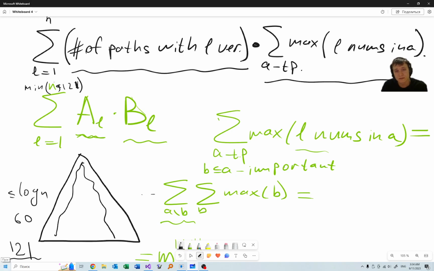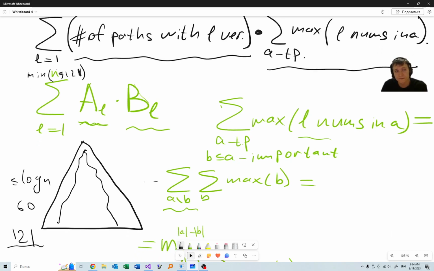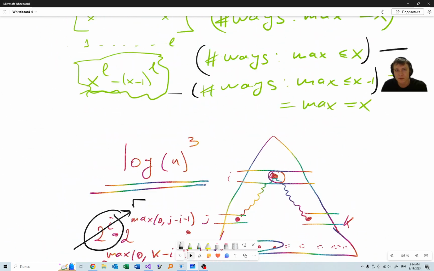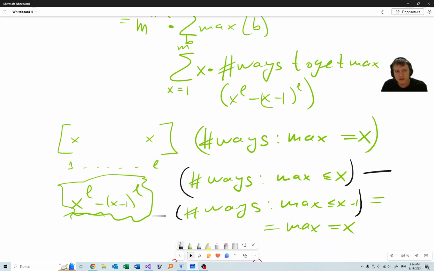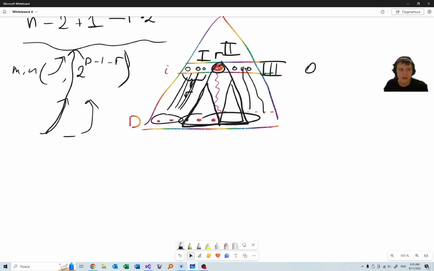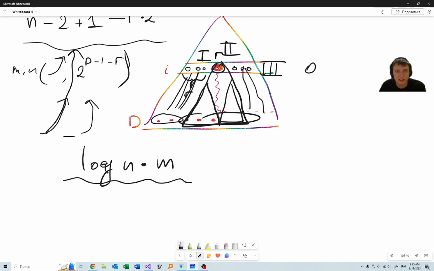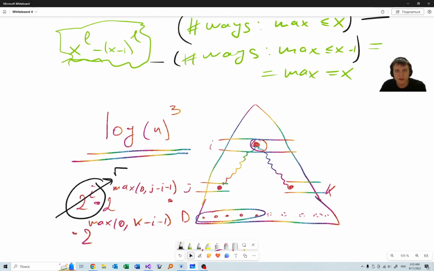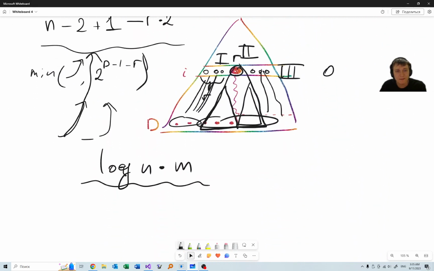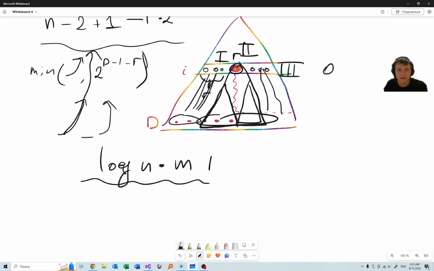I think that's it. So let me write the total asymptotics. First of all, you need to find these numbers. I found them in log n times m time. So the right numbers have these asymptotics. What about the left numbers? I spent kind of log n cubed, I think.